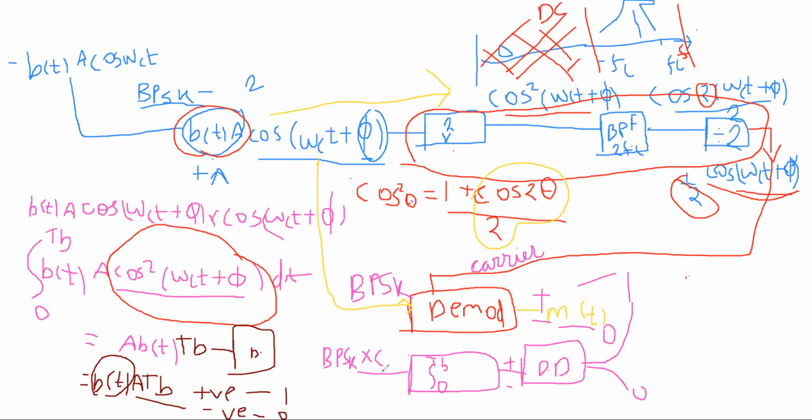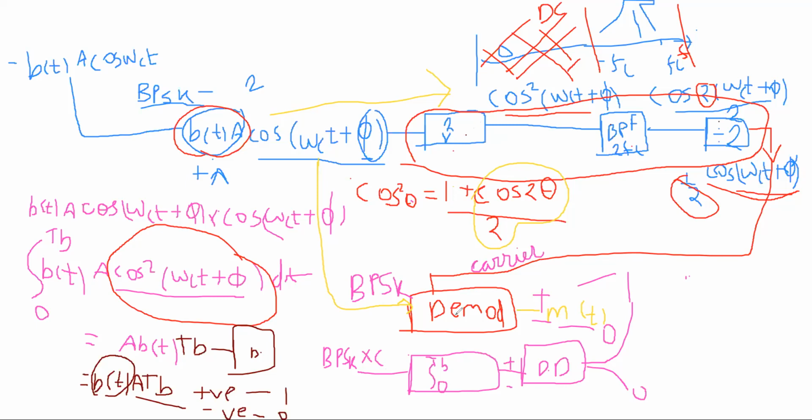So this is how your BPSK signal is received or demodulated at the receiver side using the BPSK demodulator. What you have to understand is, first, the BPSK signal is given to the carrier regeneration circuit, where the squaring circuit, band pass filter, and divide by 2 network extract the carrier from the BPSK signal.